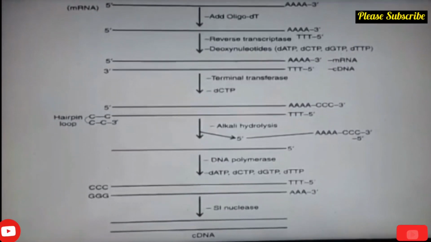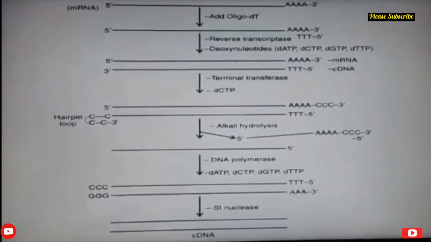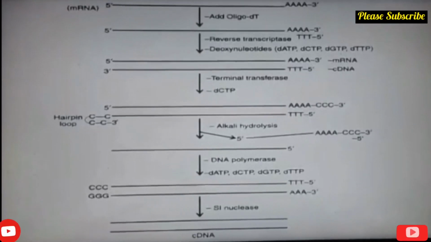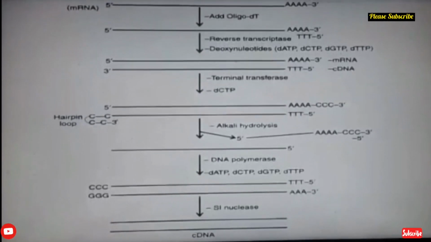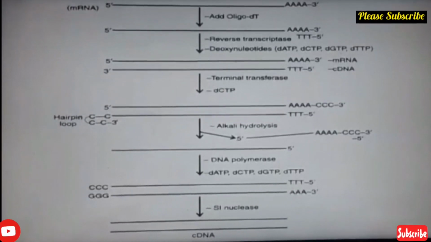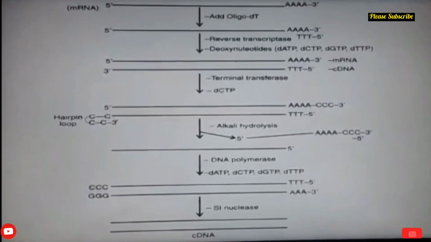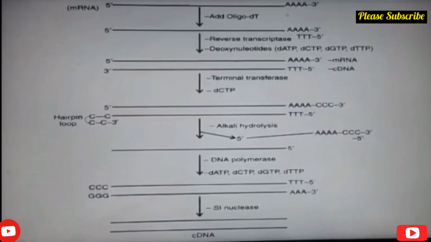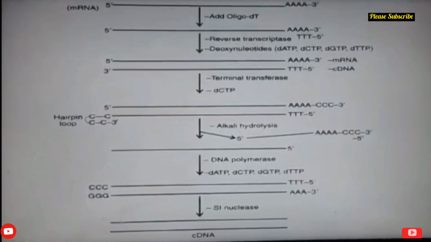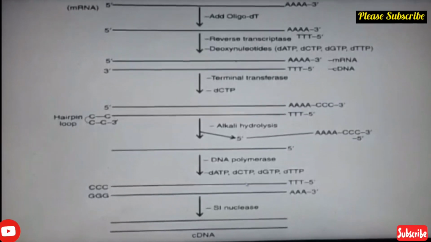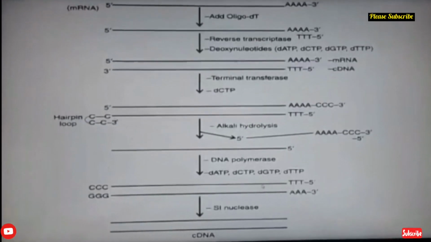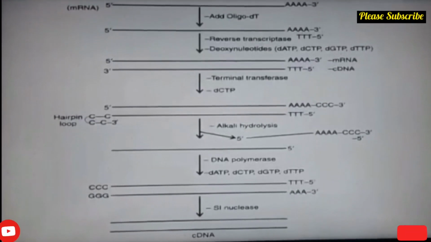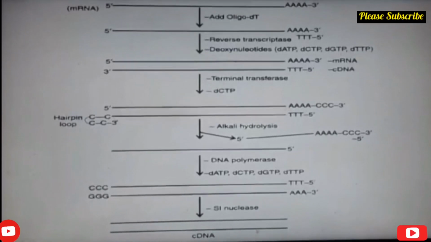Due to this, a single double-stranded DNA clone is synthesized, the length of which is similar to the length of the mRNA which was utilized before. So in this way, from a single strand of complementary DNA, double-stranded DNA can be obtained.